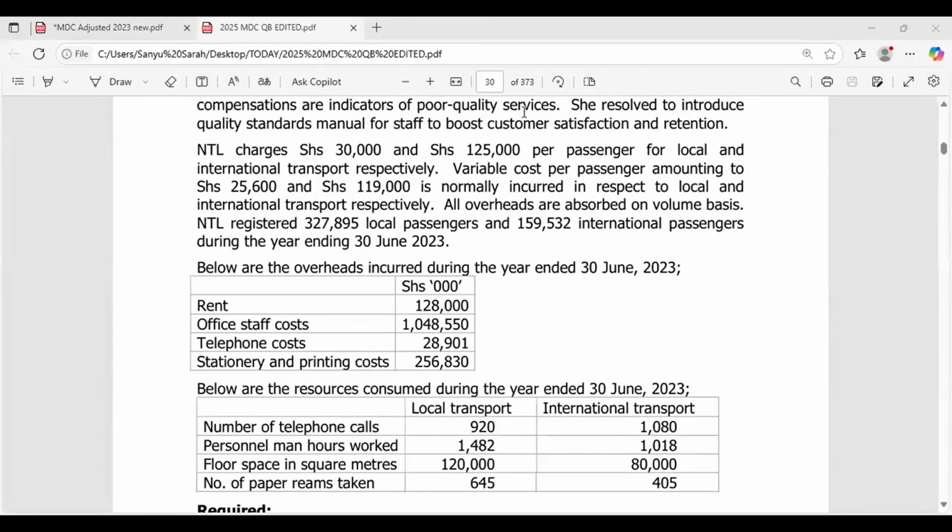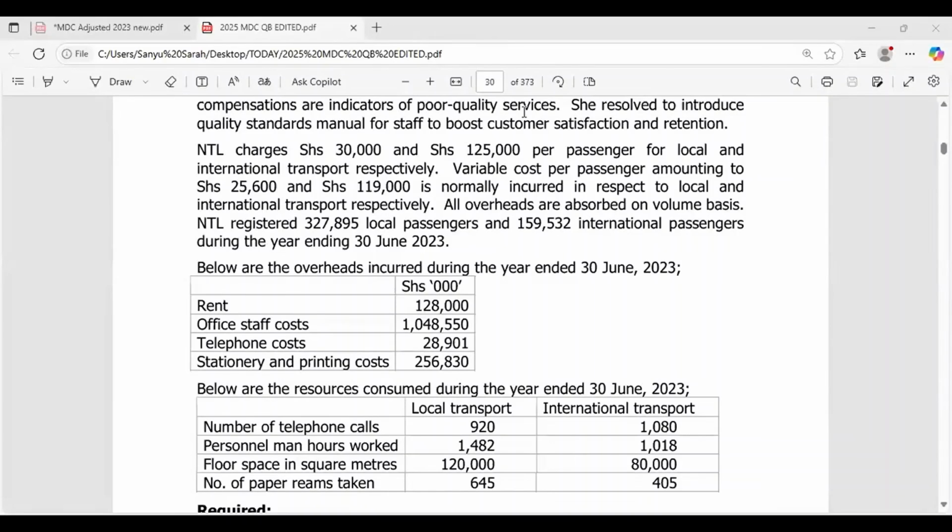Then they said variable cost per passenger amounting to shillings 25,600 and 119,000 is normally incurred in local and international transport, respectively. All overheads are absorbed on volume basis.